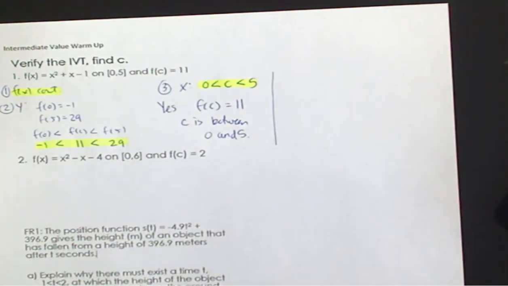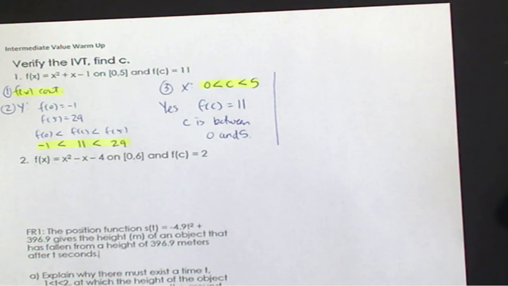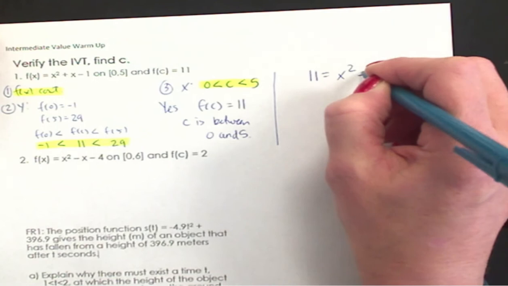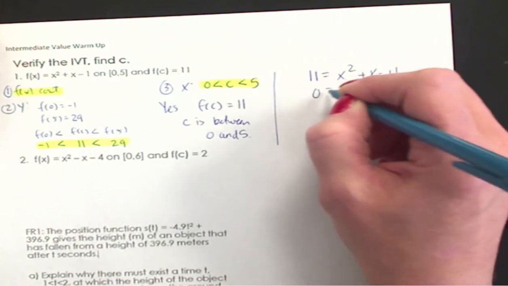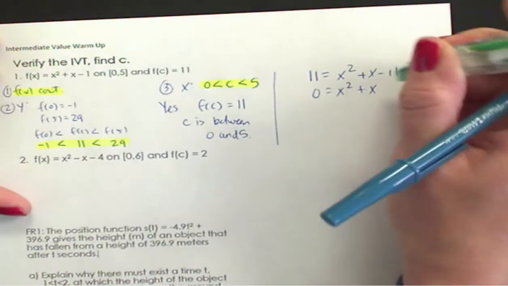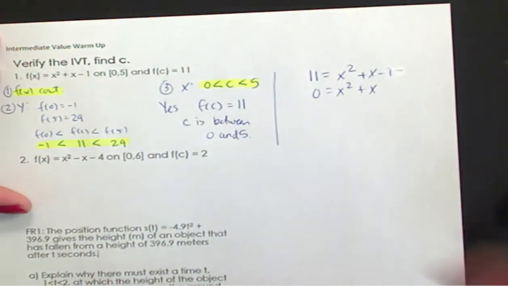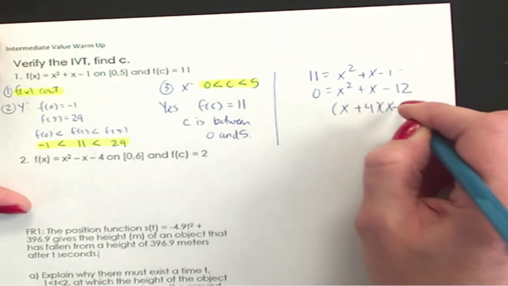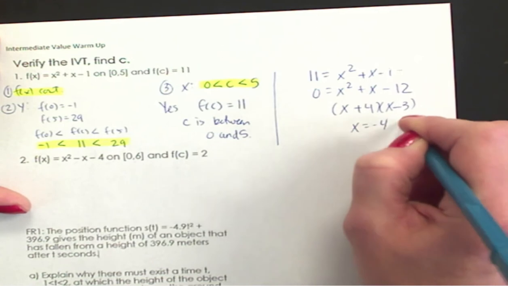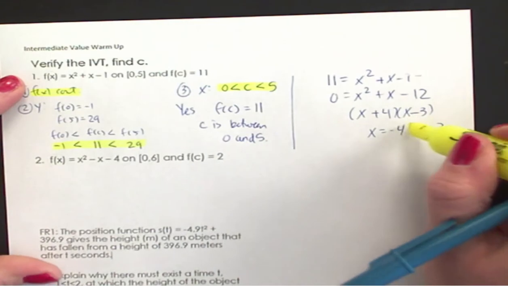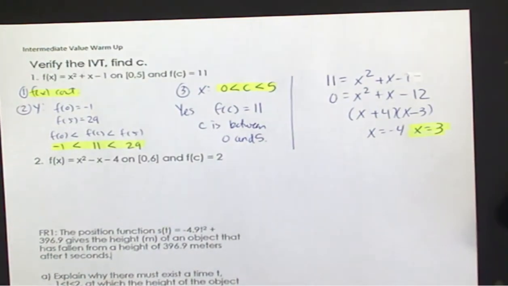It actually said to find it. How would you find it? You would actually set it equal and solve. Oh, it's a -1. That was quick. Okay. -12. It actually happens to factor, but the value they're looking for, 3, is between 0 and 5.